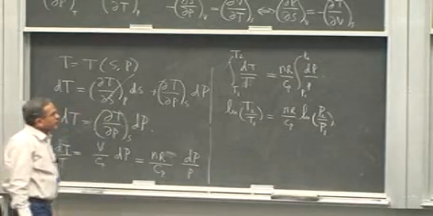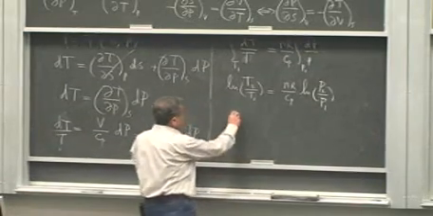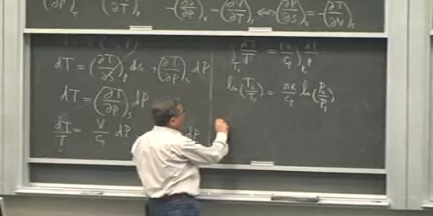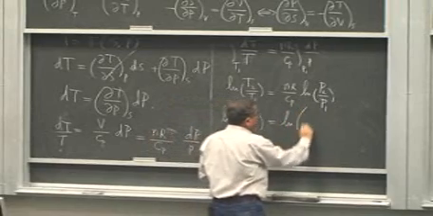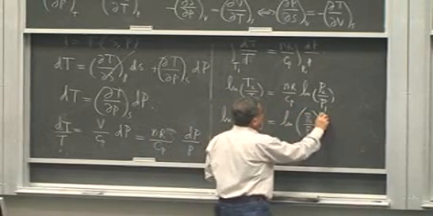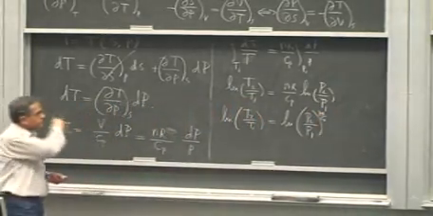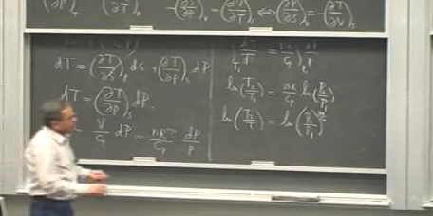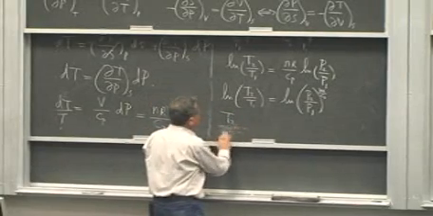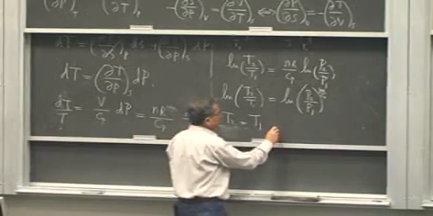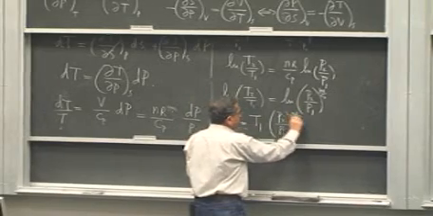I can write this as log of T2 over T1 equal to log of P2 over P1 to the power nR over Cp. And therefore T2 is equal to T1 times P2 over P1 to the power nR over Cp.